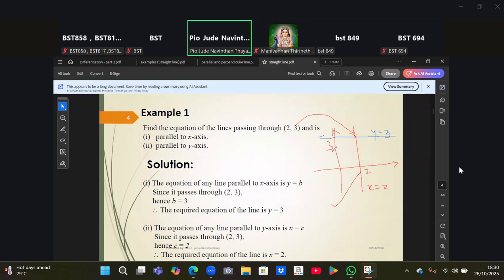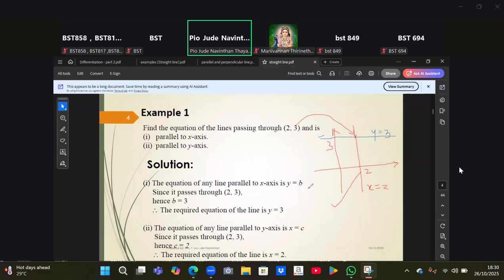My point of view is this is easy, right? So I need only the answer, right? Don't just write y is equal to 3 and x is equal to 2. You have to explain how you get it, by using the figure, or write this one.